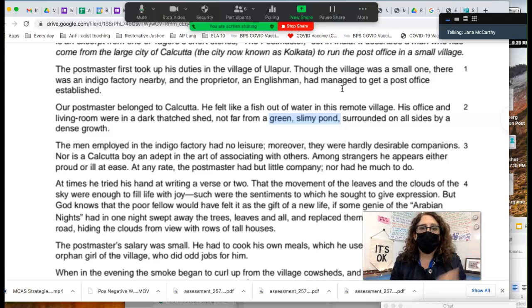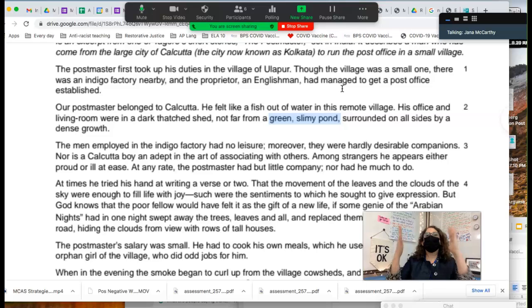Yeah. Look, it's awesome to live near the water. However, if the water is contaminated or is slimy, are we going to like it? No. So again, another one for negative.